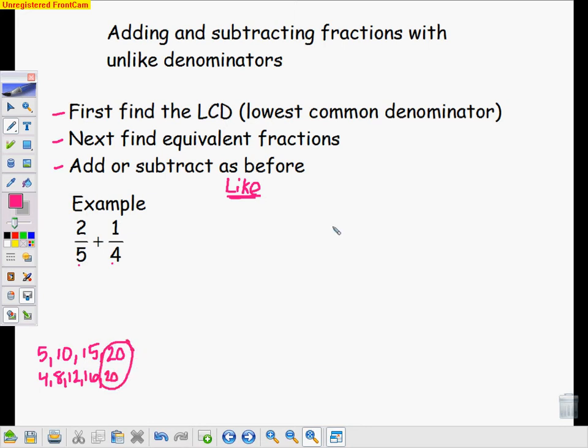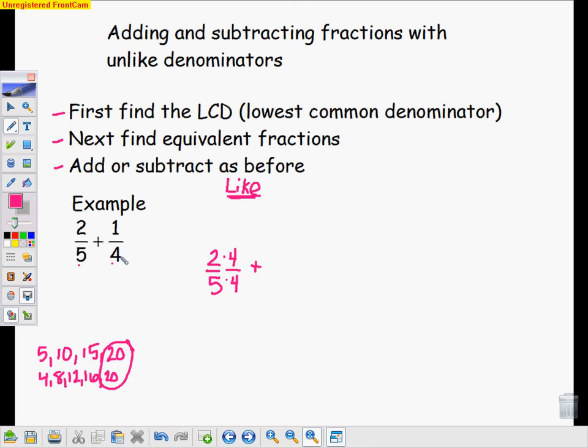So what we're going to do is think, okay, well, what do I need to multiply 5 by in order to get to 20? Well, I need to multiply it by 4. So I'm going to take my fraction 2/5 and multiply it by 4/4, which is just the same as 1. So we're not changing the value of the fraction, we're changing its look.